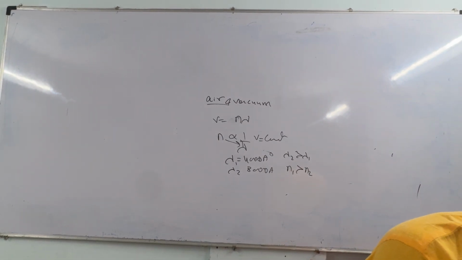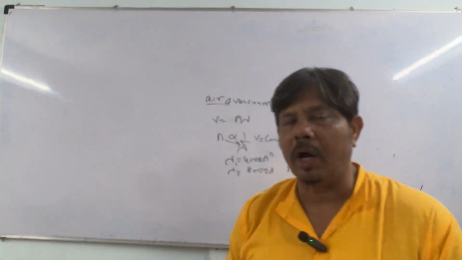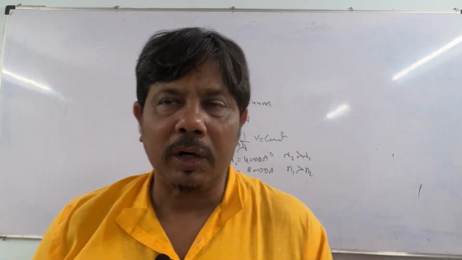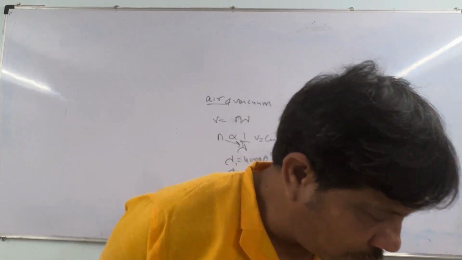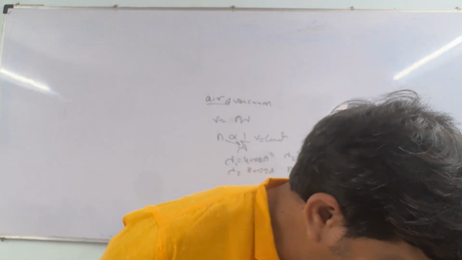Now the 17th question: how is the refractive index of a material related to the real depth and apparent depth, and the velocity of light in vacuum and velocity of light in a medium? They have asked this question, so I will explain without writing on the board.